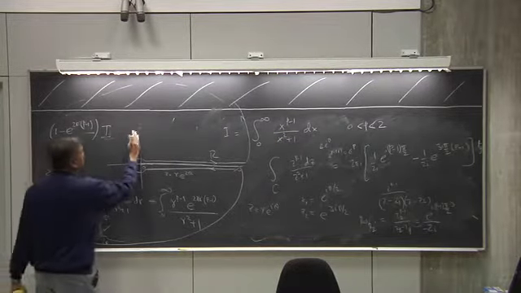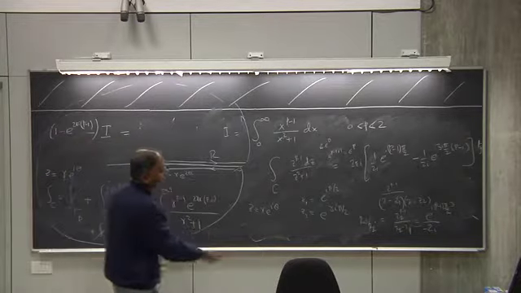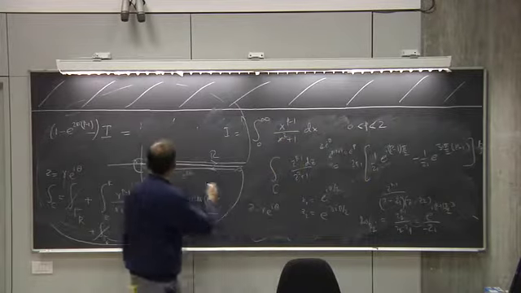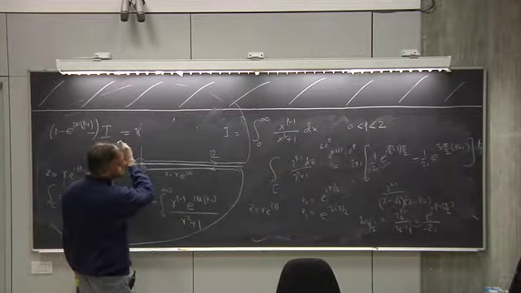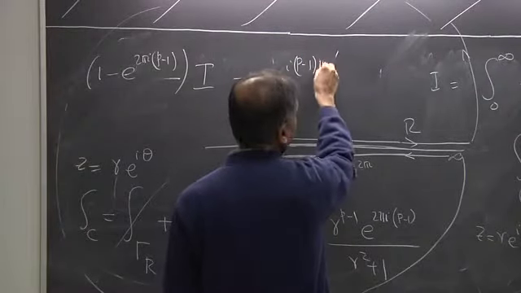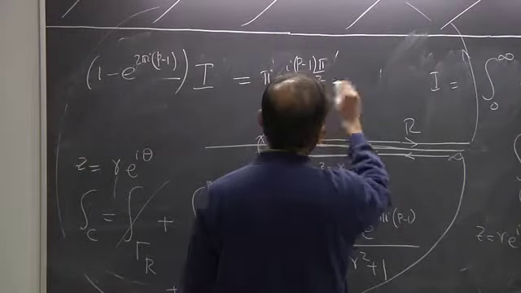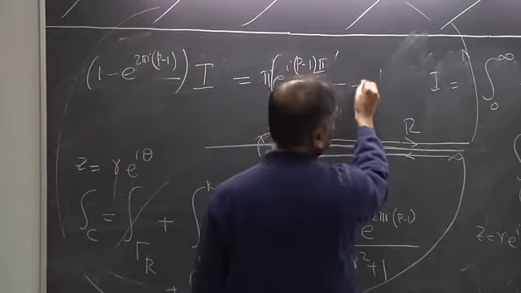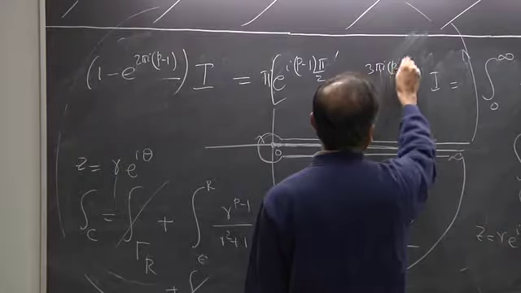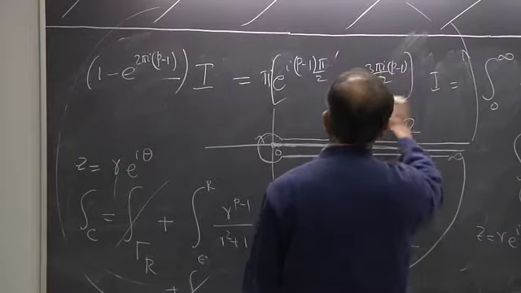So the conclusion is that this is equal to, let's say I can take 2i out, so the 2i cancels, so there is this pi times e to the i (p minus 1) pi by 2 minus e to the 3 pi i (p minus 1) by 2. Is that correct?